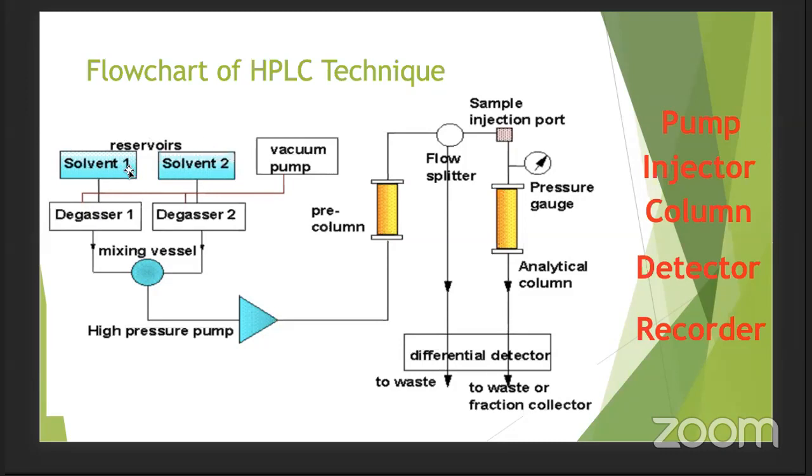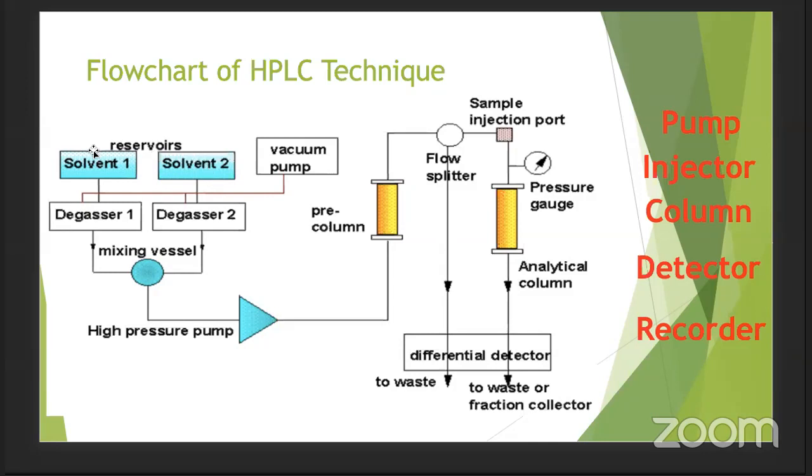So basically, this is a binary type of system, whereas if we had four solvents here, then it was a quaternary system. Now, in HPLC, the solvents that are used are HPLC grade and are highly pure, and they ought to have no foreign particles and be free of impurities.